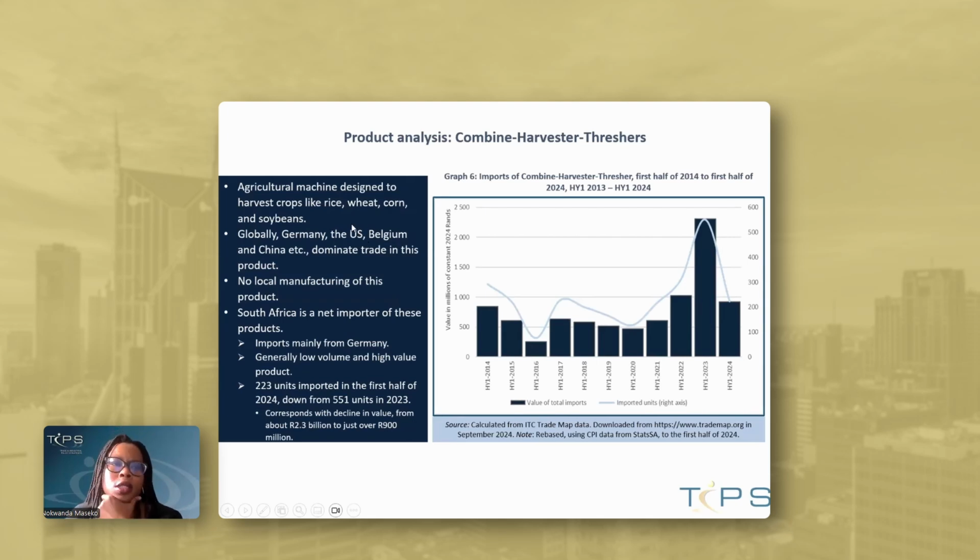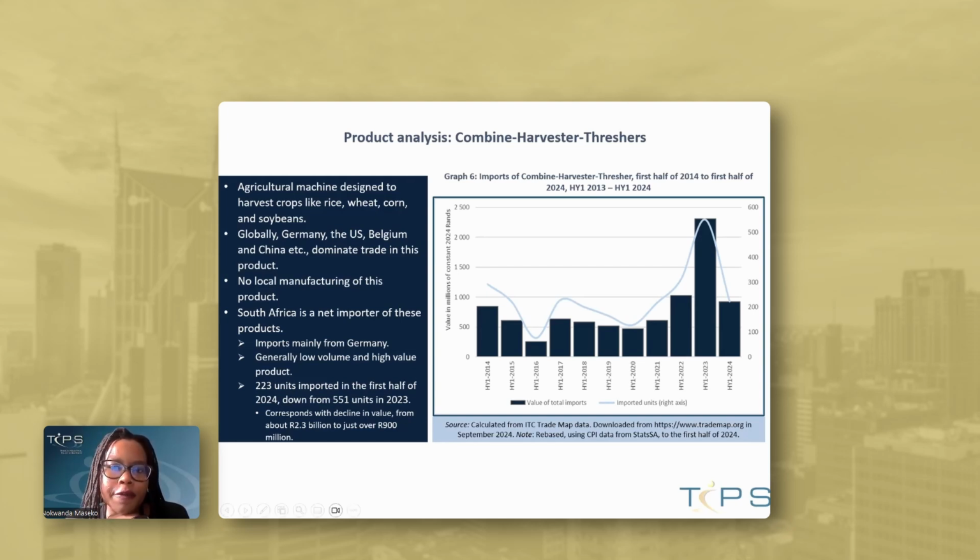The second last product that we looked at is combined harvester threshers, which is an agricultural machine used for harvesting crops like rice, wheat, soybeans, and other crops. Globally, Germany, the US, Belgium, and countries such as China dominate trade, both imports and exports.